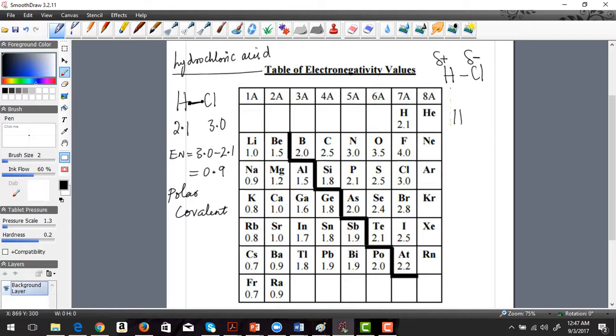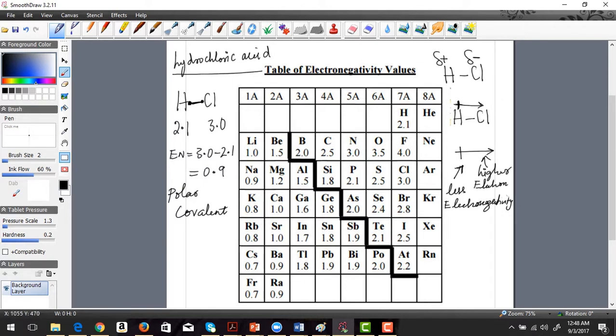Or there's another way which we will use consistently, which is we will use a tail and a head arrow. Okay, the tail indicates the side with less electronegativity value, and you guessed it, this side has the higher electronegativity value.